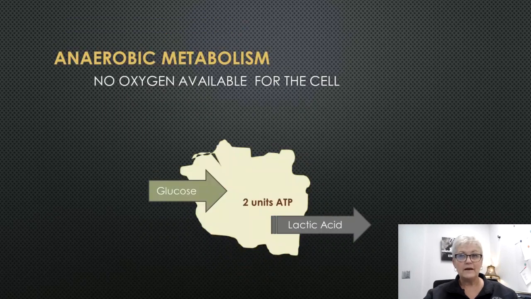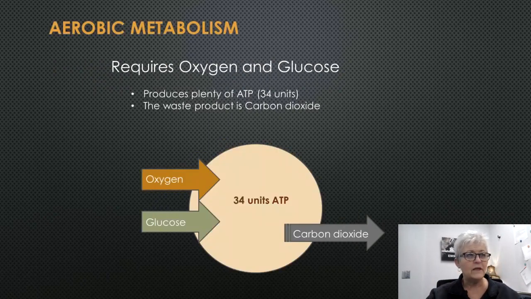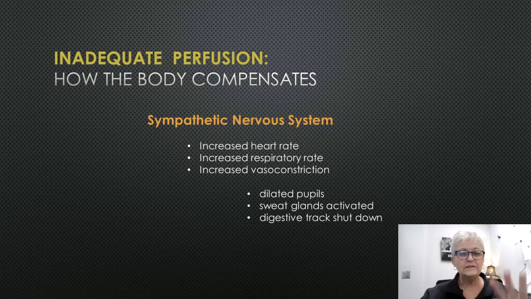Okay, now I asked you to describe what happens when the body does not have enough oxygen in spite of all of those compensatory measures. Remember, we talked about the sympathetic nervous system? So heart rate goes up, respiratory rate goes up, vessels get smaller, hopefully the blood pressure goes up.